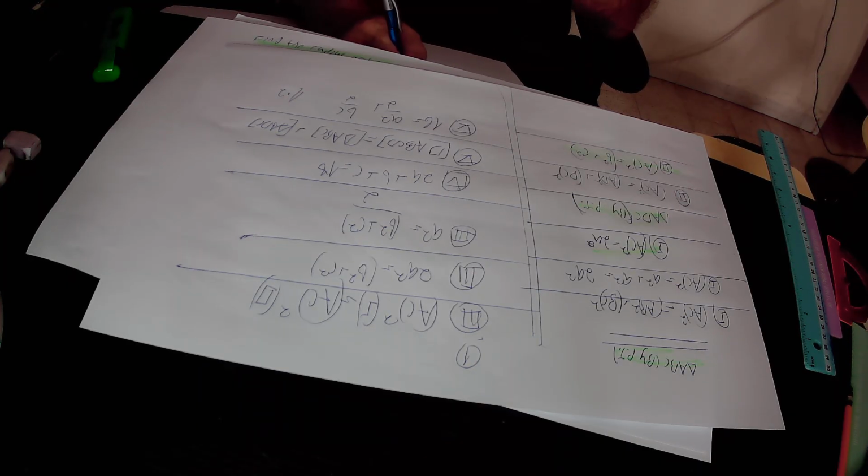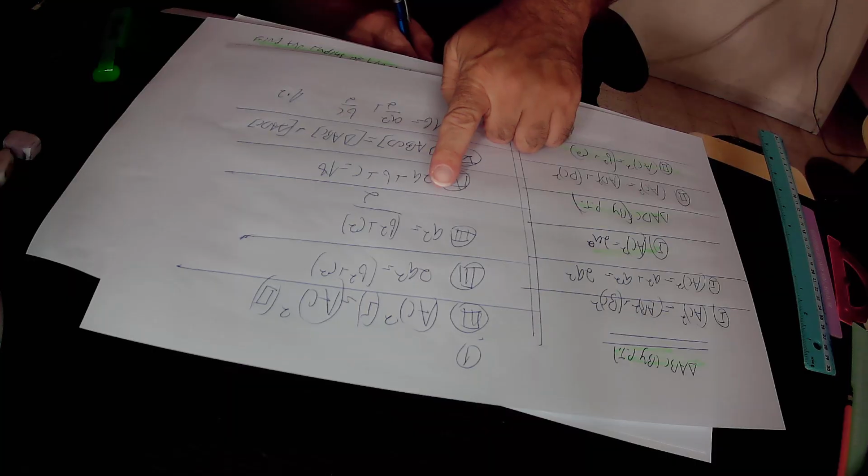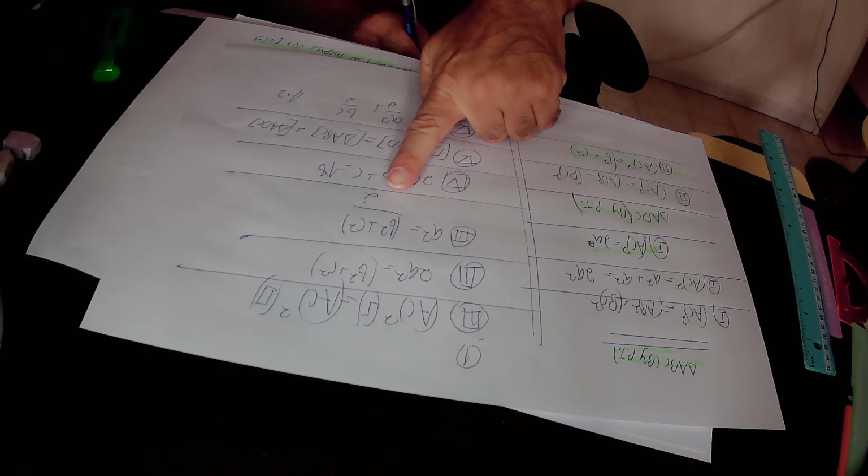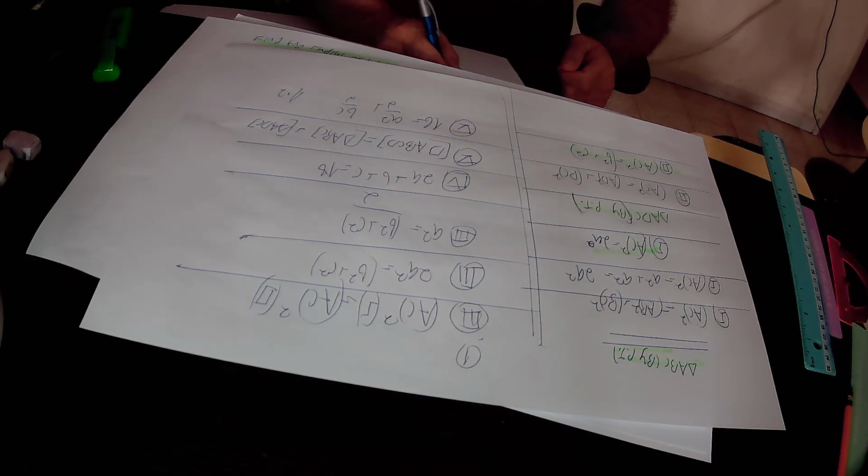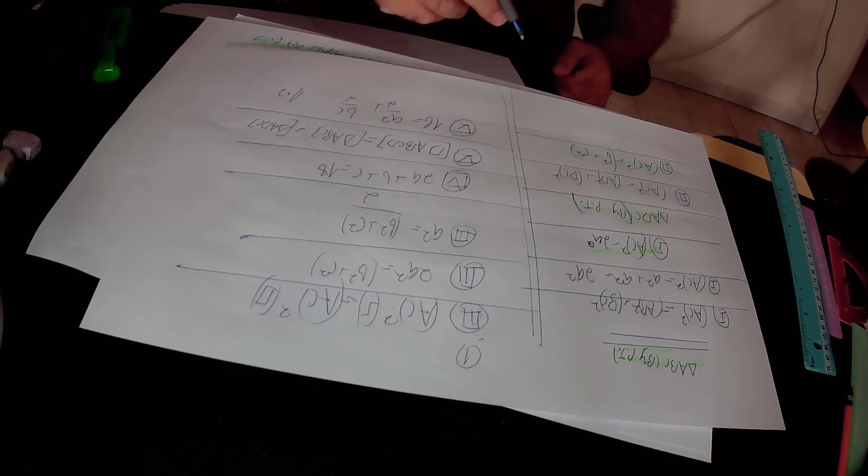Actually, according to equation 3, we found out that A squared equals B squared plus C squared over 2. And again, according to equation 3, we already found out that A squared equals B squared plus C squared over 2.